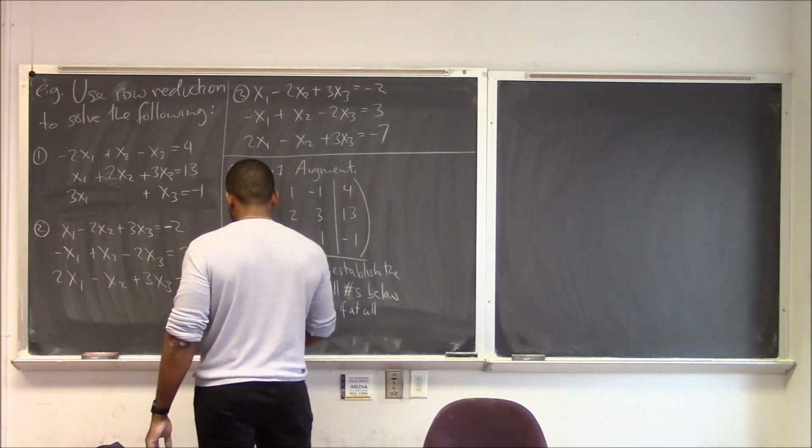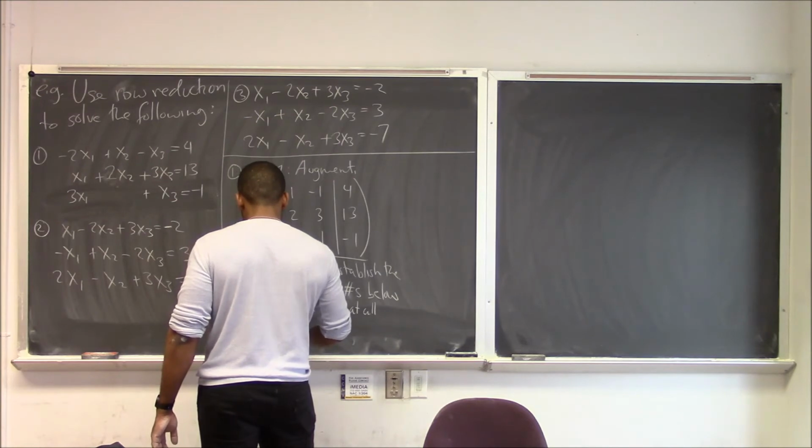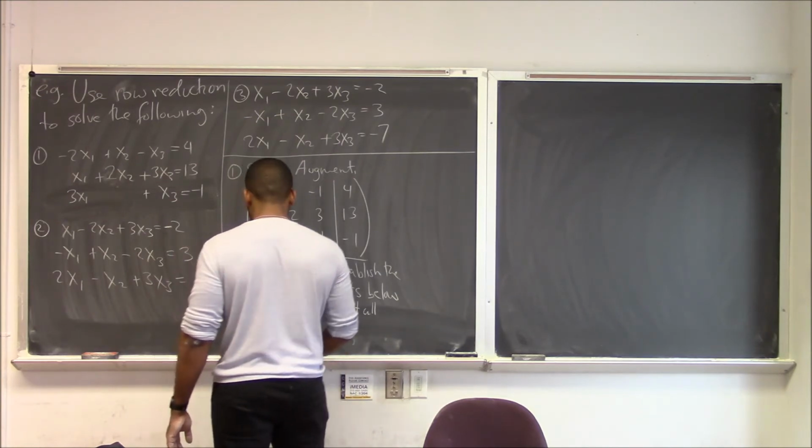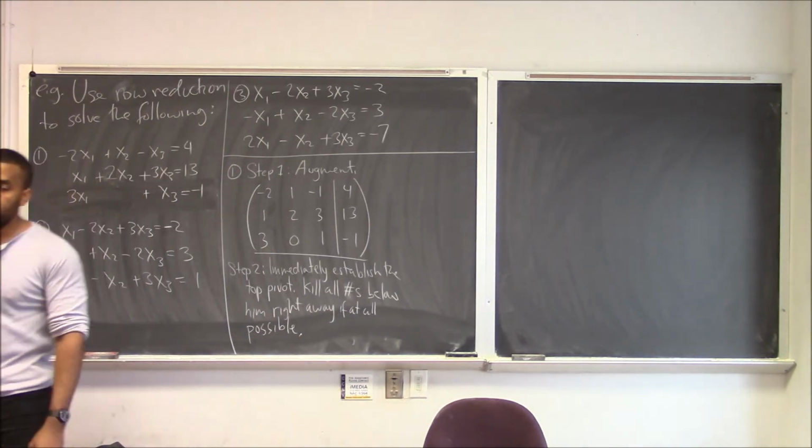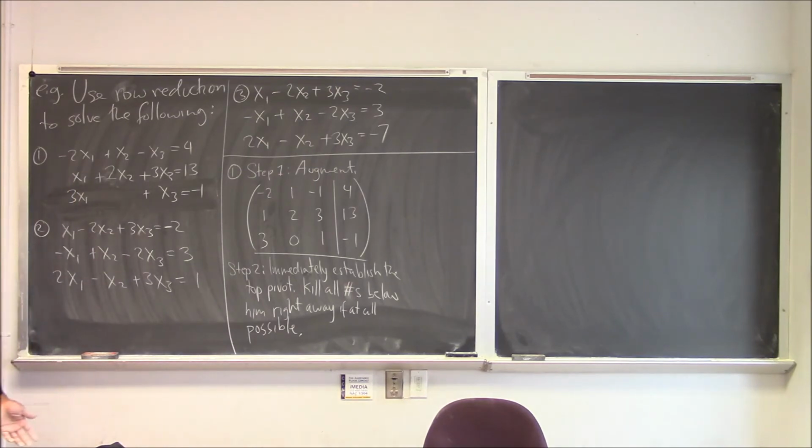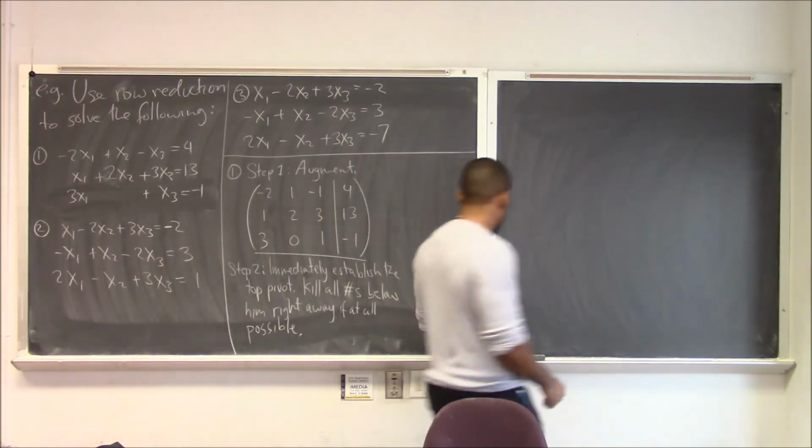And in most cases, in one fell swoop, you'll immediately be able to kill all the numbers below it. If you take several steps to kill all the numbers below the first pivot, you're wasting time. You can usually do it right away. So let's see what that would do.